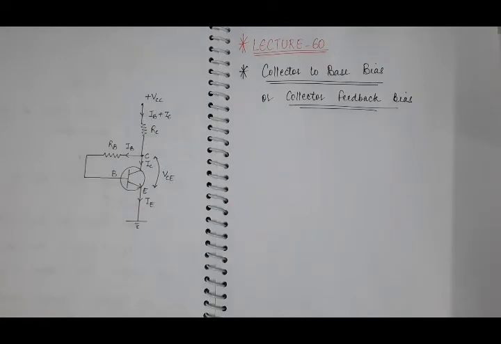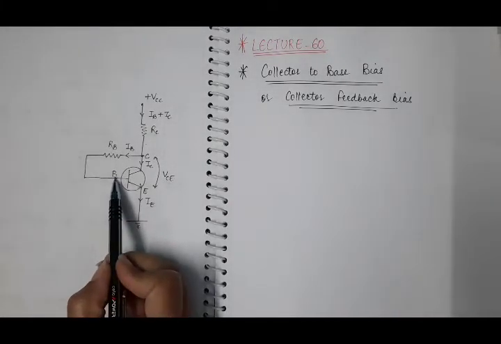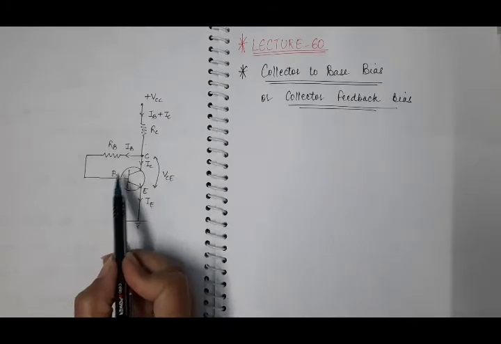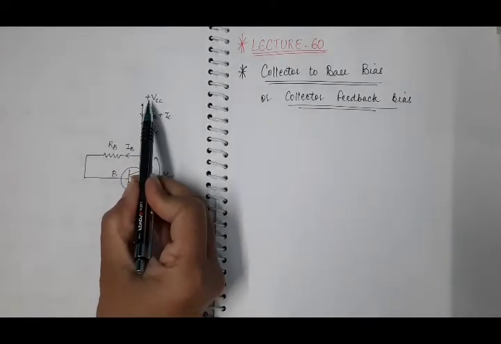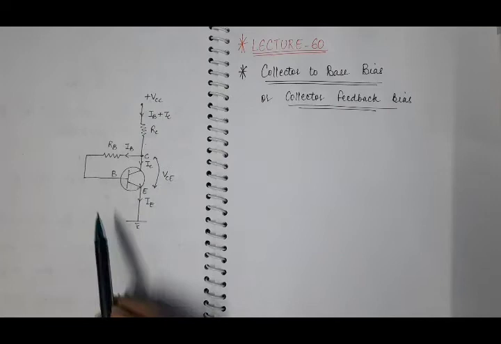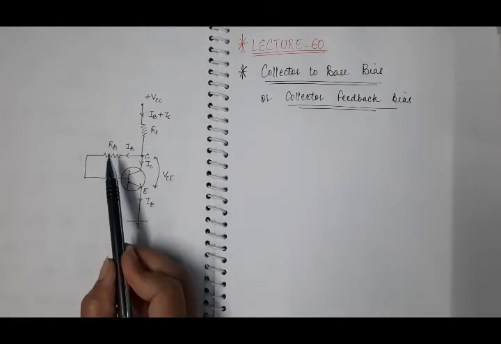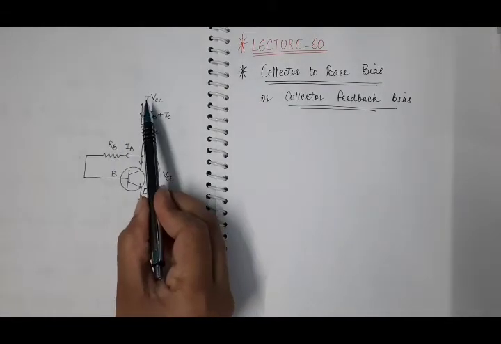So here the base of the transistor is not directly connected to VCC, or you can say that the base resistor RB is not directly connected to VCC.